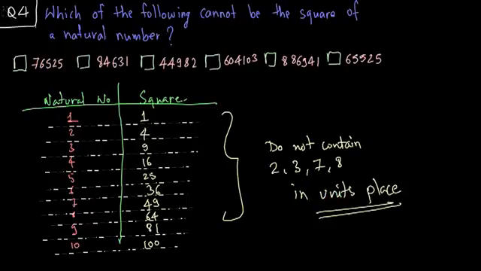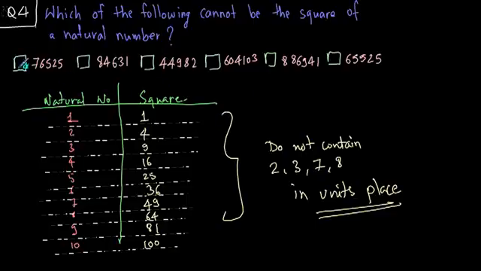The same is the case with the next 10 natural numbers and so on. In the options, a number which contains the digits 2, 3, 7 or 8 in its units place is not going to be a square of a natural number.